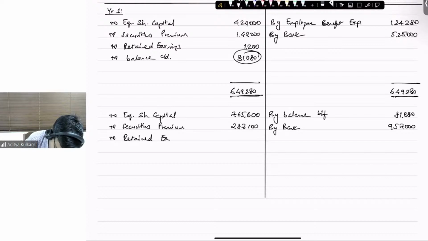Don't forget this. Okay, many students forget the lapsing. What is the balance carried forward?